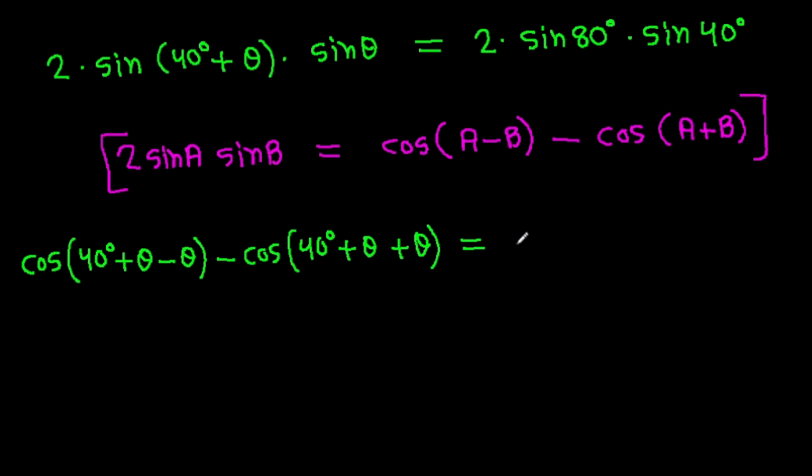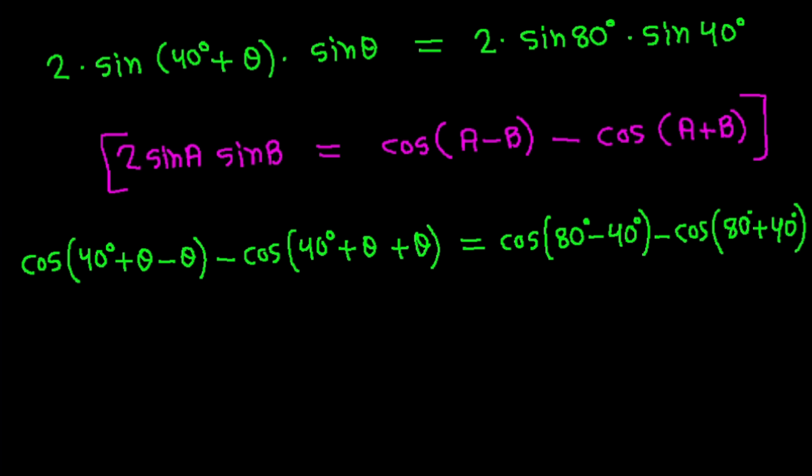It is equal to 2 times sin 80 degrees times sin 40 degrees, which is cos 80 degrees minus 40 degrees minus cos 80 degrees plus 40 degrees.